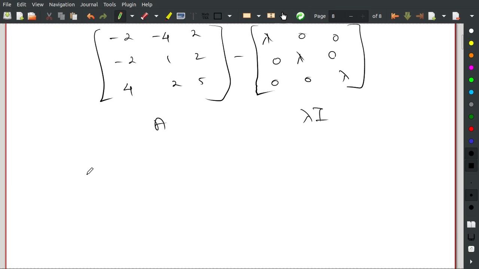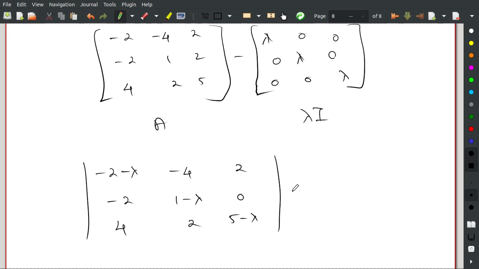So we have the determinant of -2 minus lambda, -4 minus 0 is -4, 2 minus 0 is 2, and similarly for the other terms we have 1 minus lambda and 2, 4, 2, 5 minus lambda.